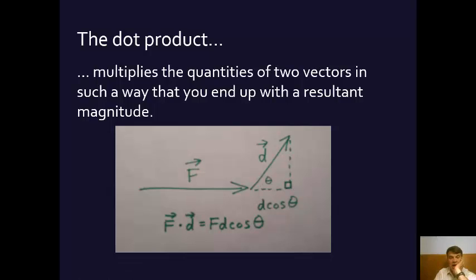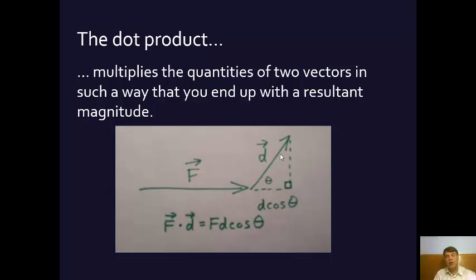And so we say that the dot product of the force by the displacement is the magnitude of the force, times the magnitude of the displacement, times the cosine of theta, where theta is the angle at which the displacement is in comparison to the force. Let that sink in.